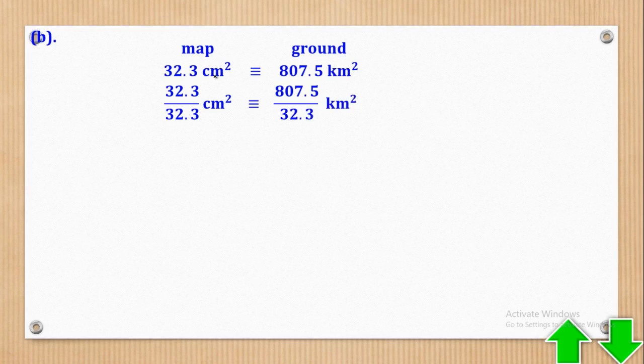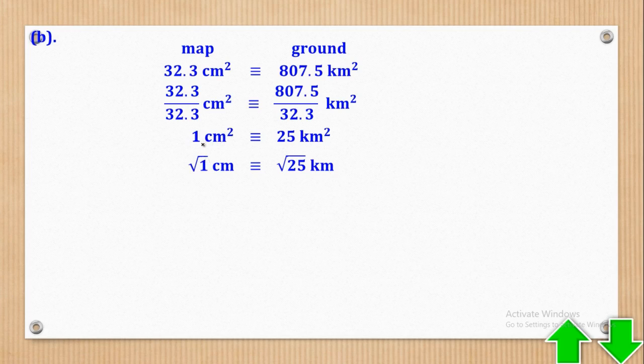Now next is to get the units. So divide throughout by 32.3 both sides to come up with 1 centimeter squared is equivalent to 25 kilometers squared. After that, remember we want the scale. Scale must be linear. So this was area, so we must get a linear scale.